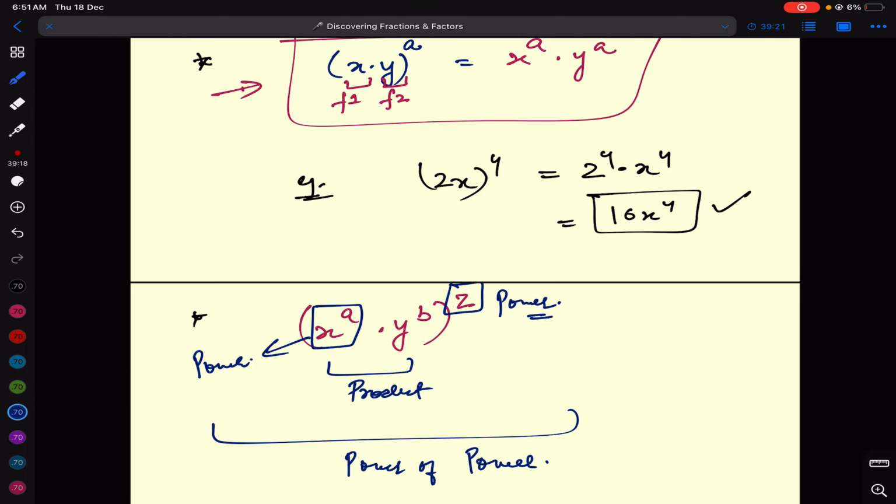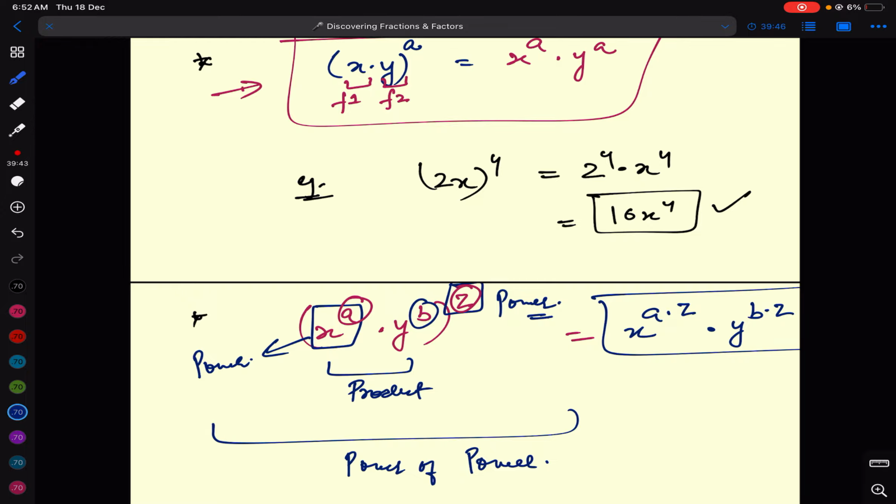So we have basically combined the previous rule, which was a product raised to a power, with power of a power. Now here what we are going to do is this a gets multiplied with the z, so that is going to give you x to the a times z, and b will get multiplied with z, so y will be raised to b times z. This is how this rule works.